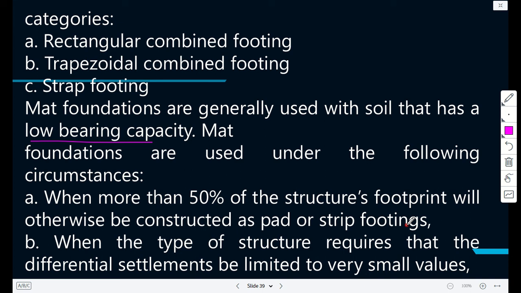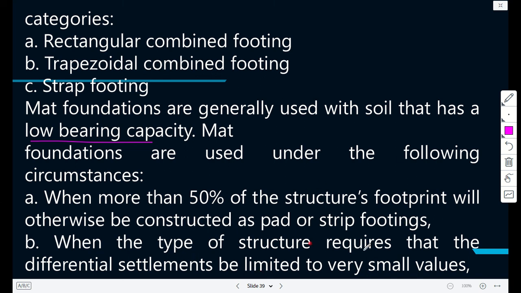If you try to shape those pad foundations, they overlap each other, so it's better to replace them with one big pad.